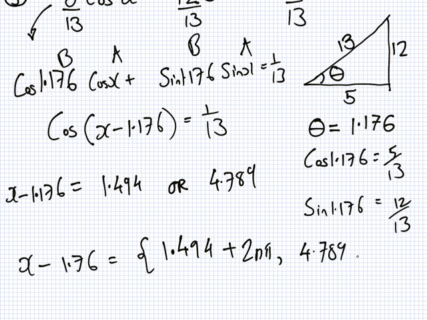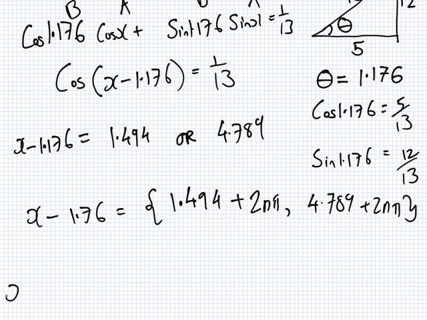Just to finish this one here as an example, we're nearly finished, but remember these two answers are for x minus 1.76. So to finish, just add 1.76 to each of these, please, and tell me what you get. The 1.494 and the 4.789.